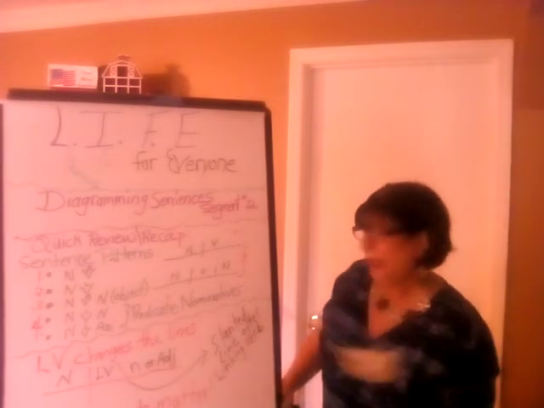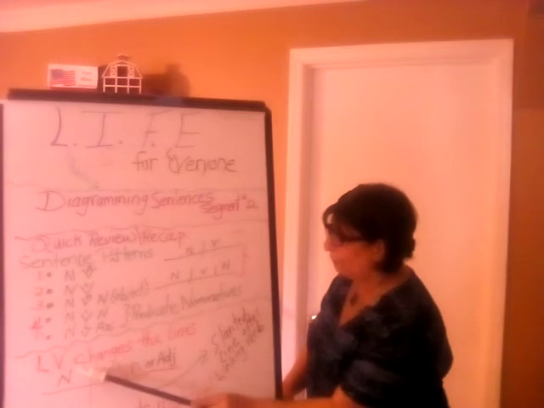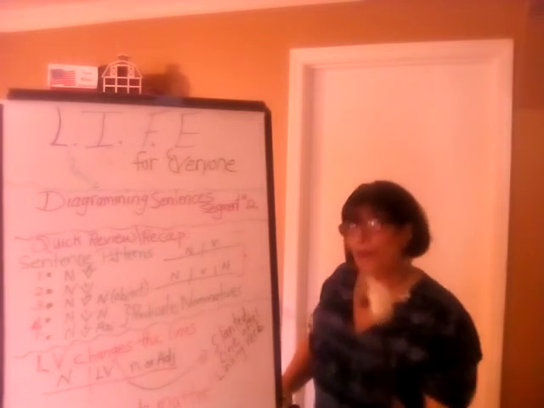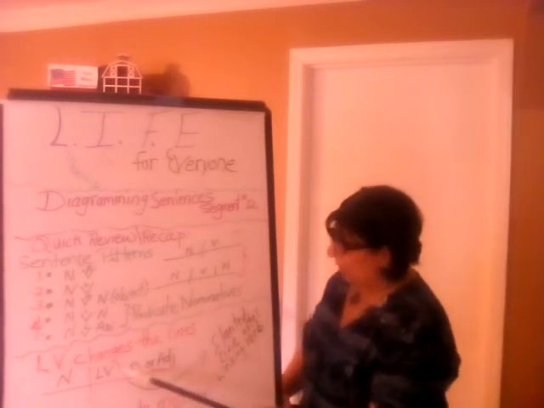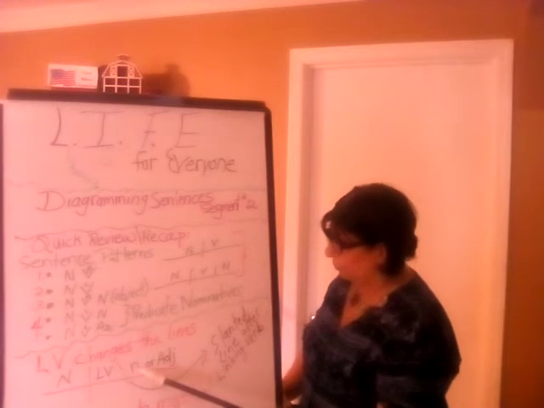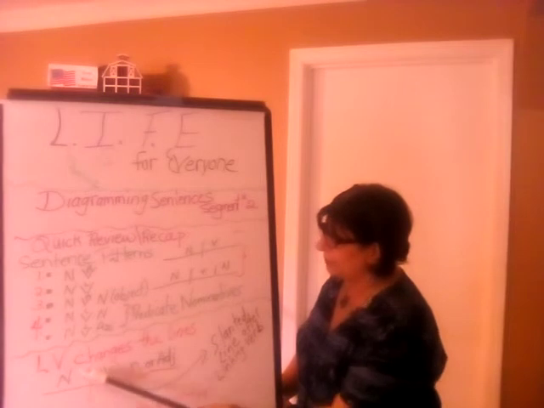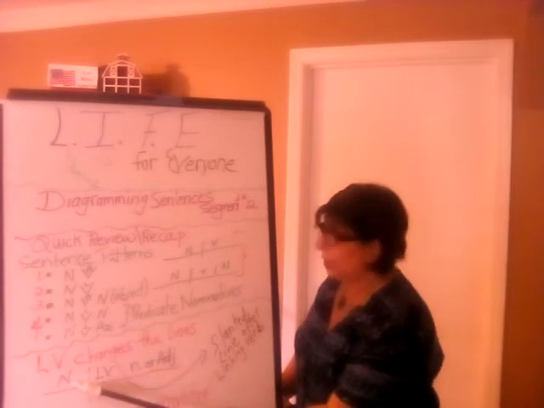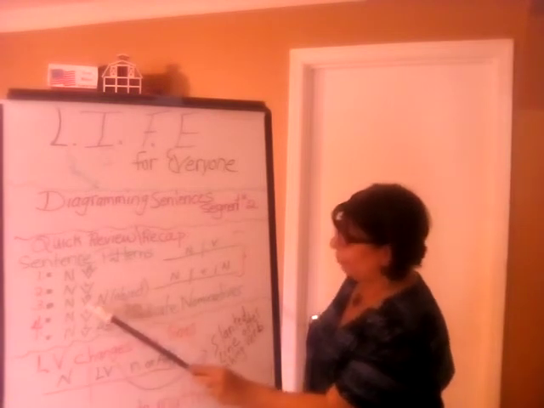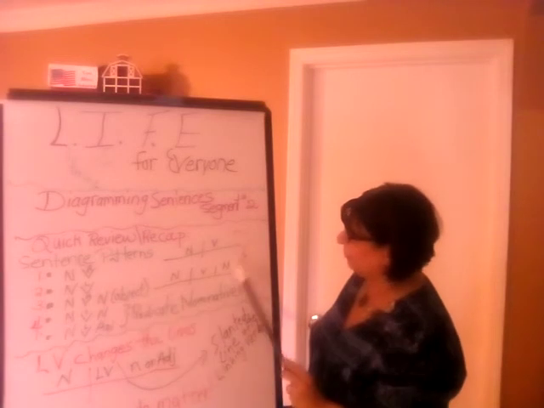And it's going to slant toward the left because that will remind us that following a linking verb is going to be a noun or an adjective which refers back in some way to the noun. Whereas with an action verb, we have an object that relates to the verb.